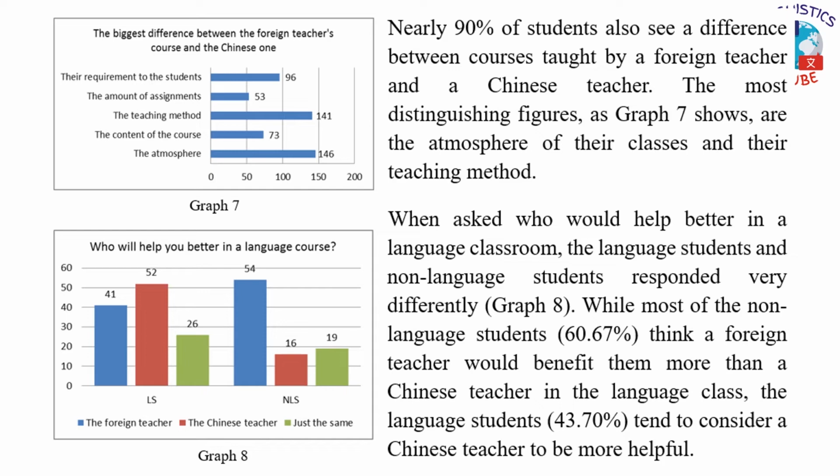For example, in the first paragraph, the writer says, "most of them want to improve their speaking (82.21%) and listening skills (72.12%)." The writer uses "most of them" to more generally refer to the percentages, then puts the percentages in brackets.